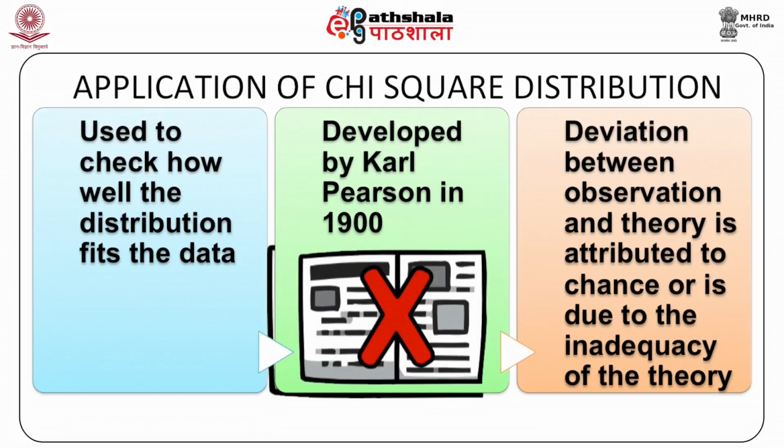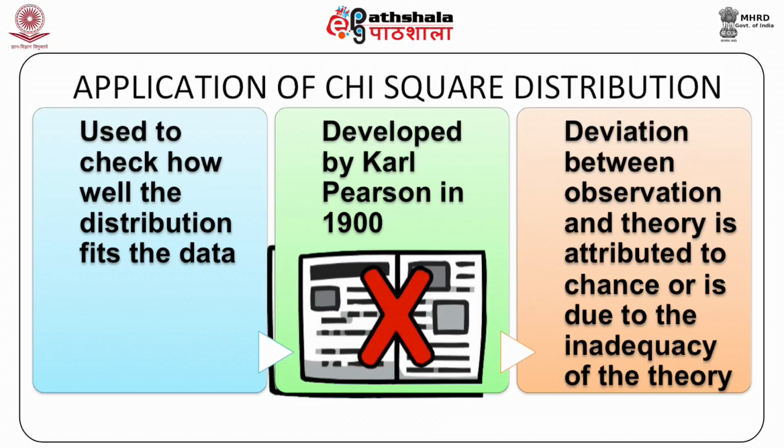Let us now move on to understand the application of chi-square distribution. First is the goodness of fit. As mentioned before, the goodness of fit test is used to check how well the distribution fits the data.